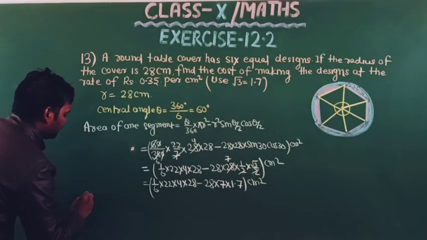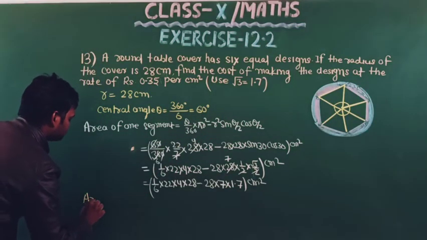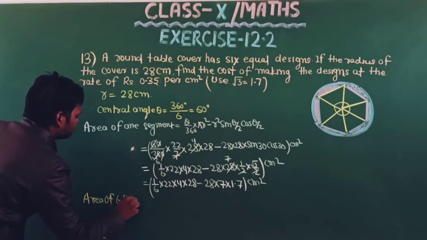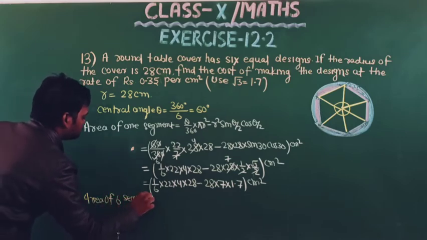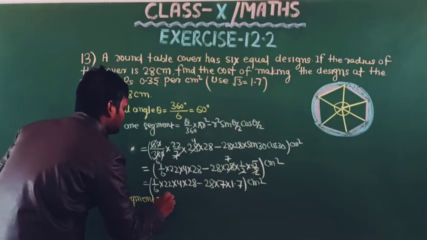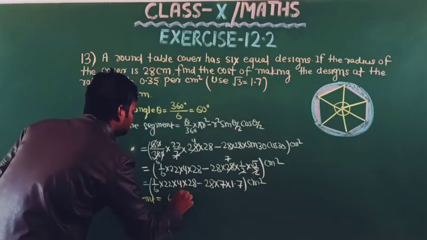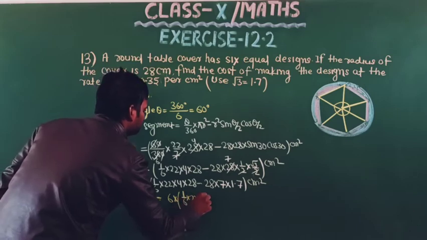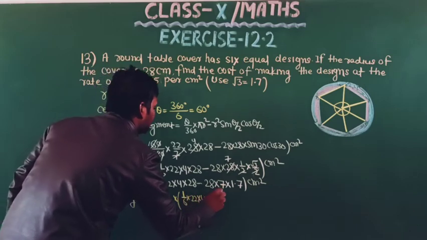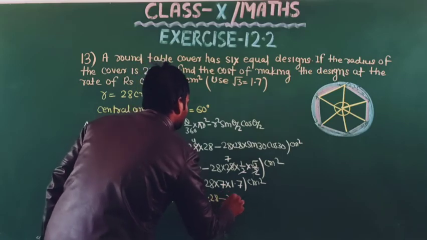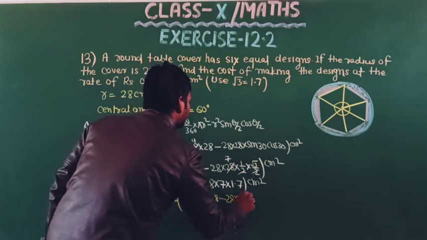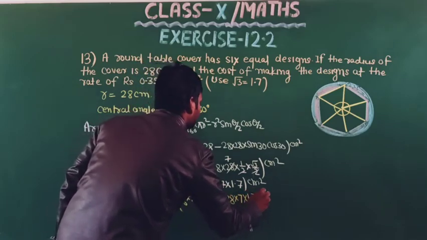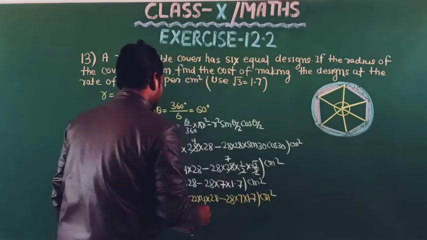So area of 6 segments equals 6 into 1 upon 6 into 22 into 4 into 28 minus 28 into 7 into 1.7 centimeter square.